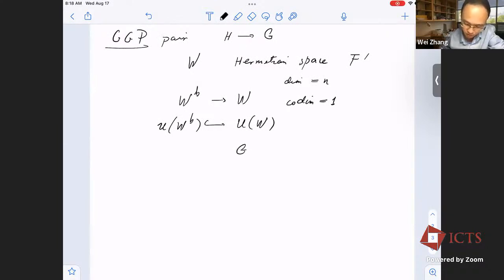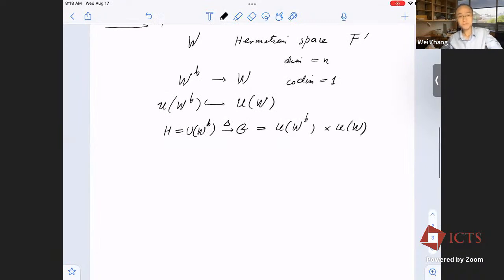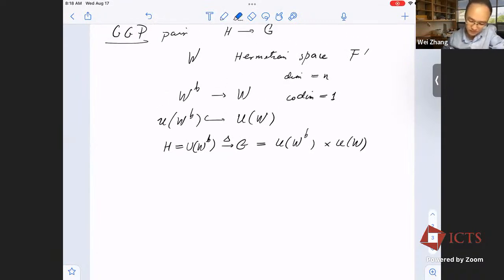So we consider G to be really the product, where H is the smaller unitary group, embedded diagonally. This is the key situation we want to focus on in this talk.